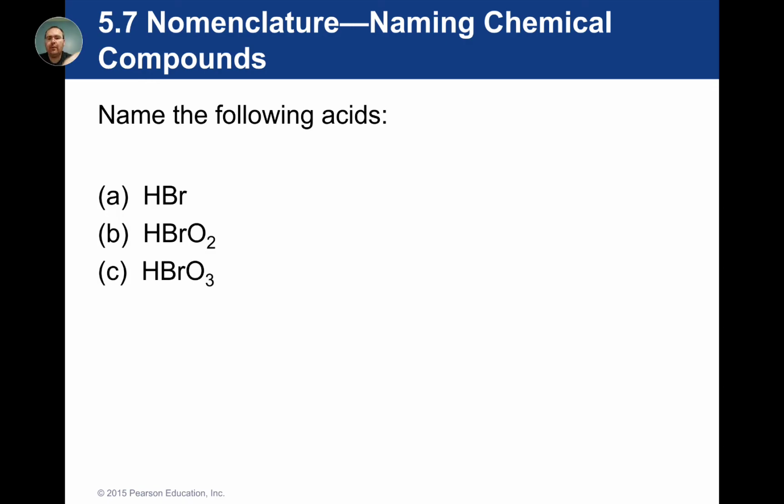So if this was the one that was ending in -ide, this would have been hydrogen bromide. Because it's -ide, we would say hydrobromic acid. "My ride has hydraulics" is the idea.